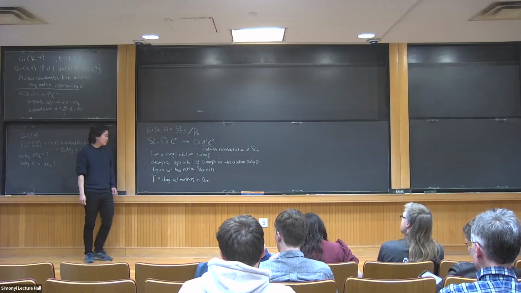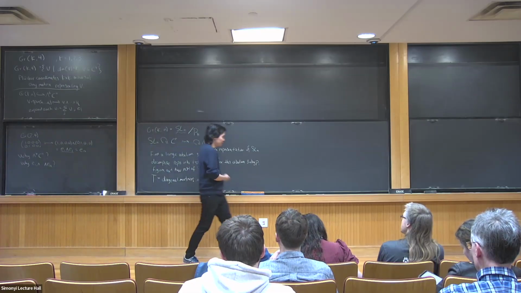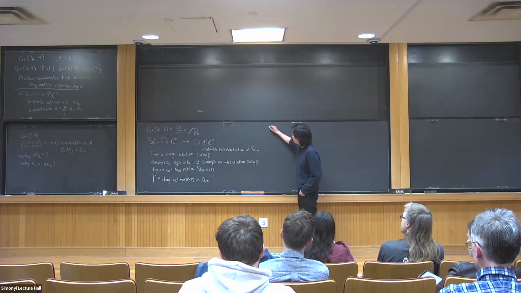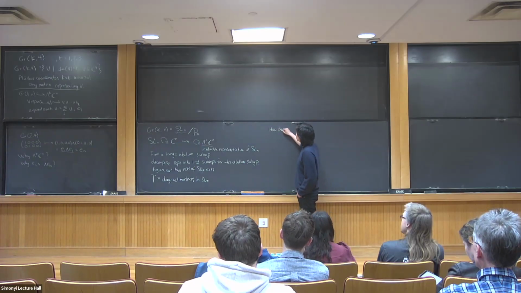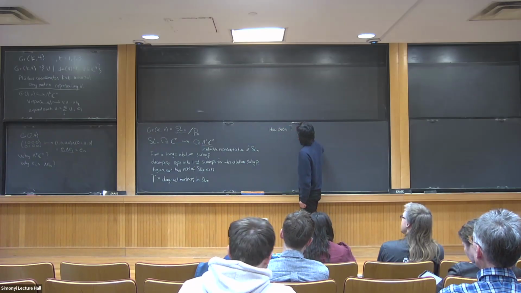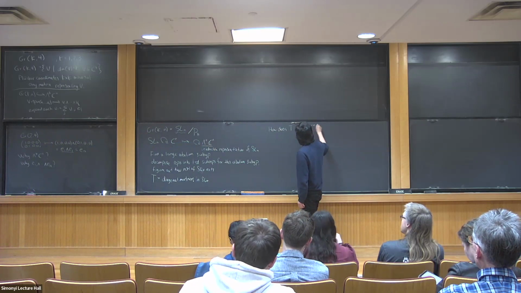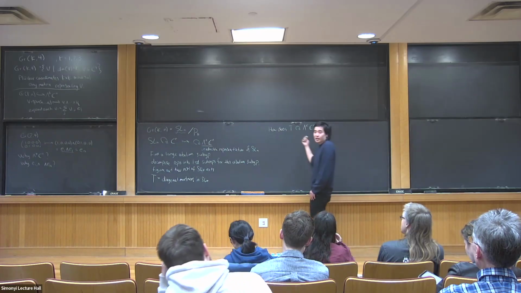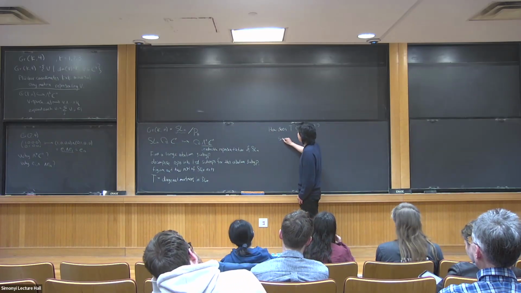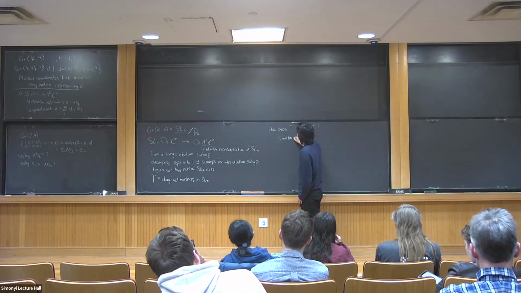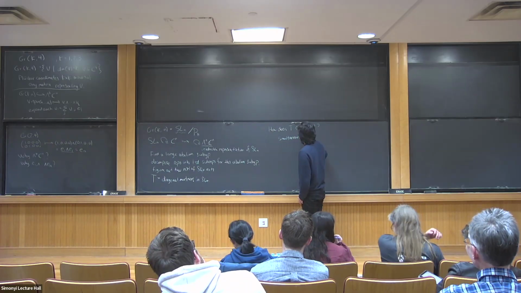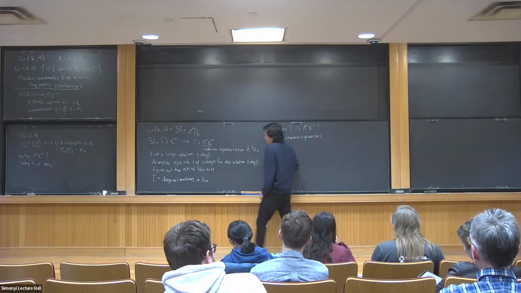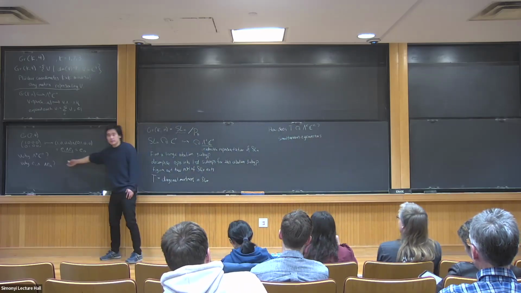This is a nice abelian subgroup, and you ask, how does it act on these wedge powers of C^n? Well, it's very nice: it has a bunch of simultaneous eigenvectors, which are exactly the wedges of the standard basis vectors.